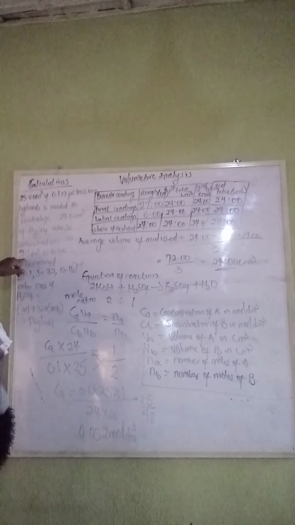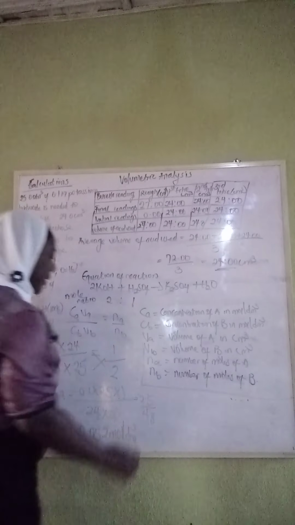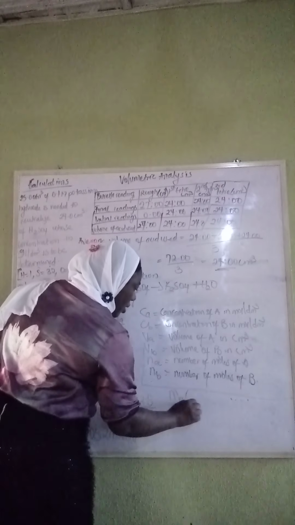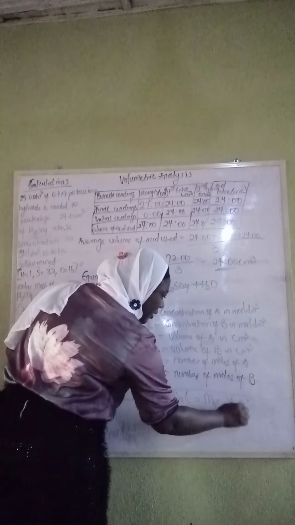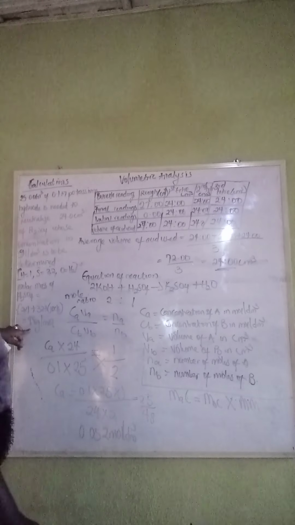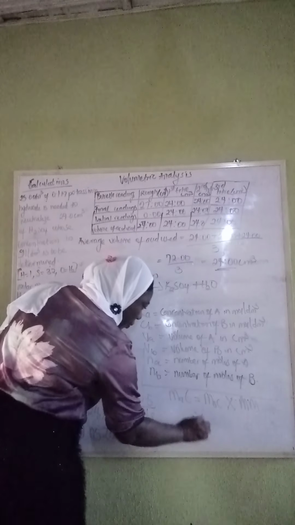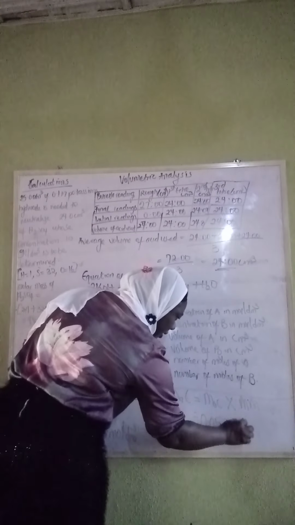Now the question says, calculate the concentration in gram per dm cube. Last class I explained to you that mass concentration equals to what? Molar concentration times the molar mass. What is the molar mass of H2SO4? It has been calculated here, 98. What did you get as our molar concentration? 0.052 times 98.